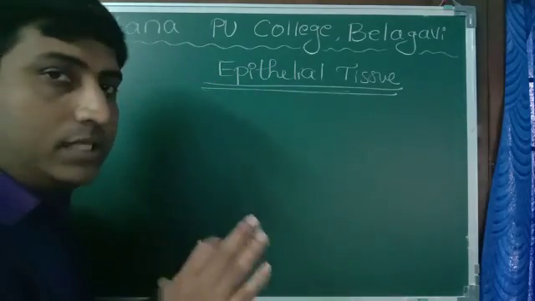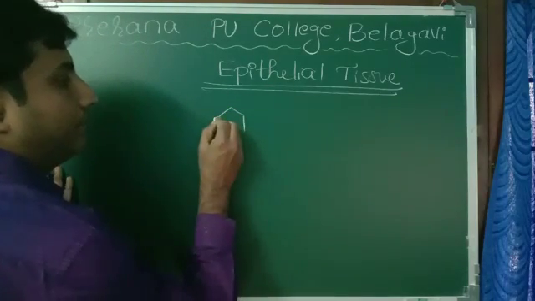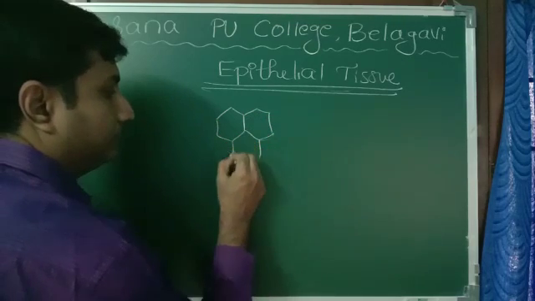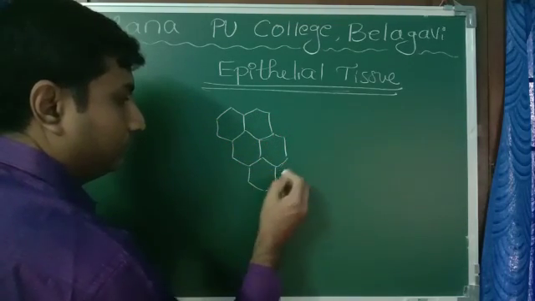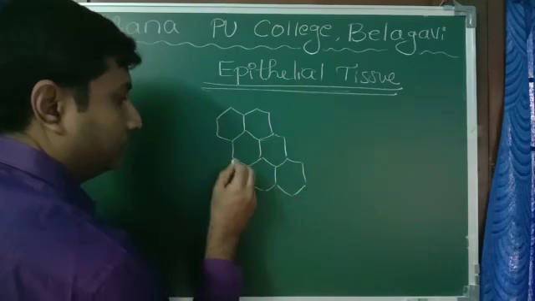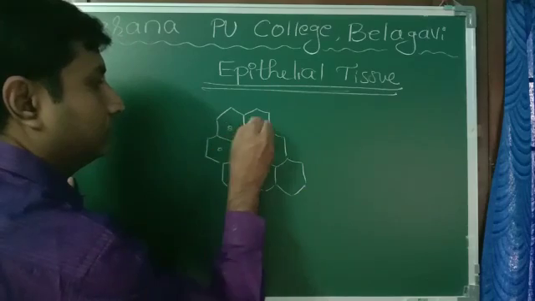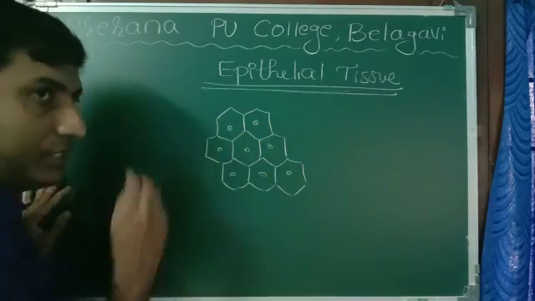The cells are closely arranged without intercellular spaces, somewhat like this. See, this is epithelial tissue.